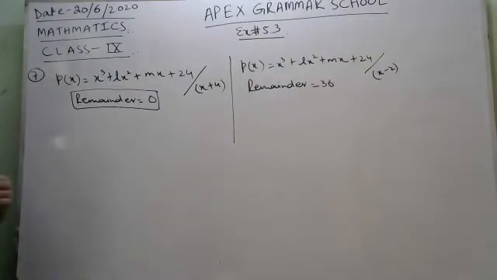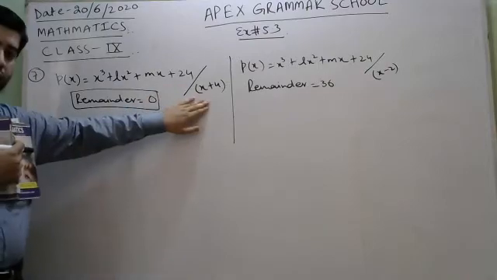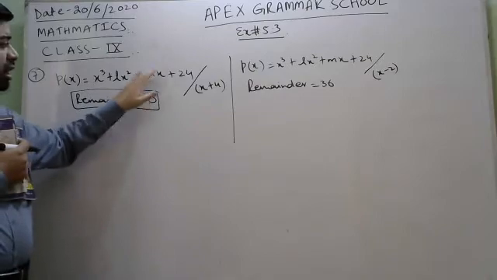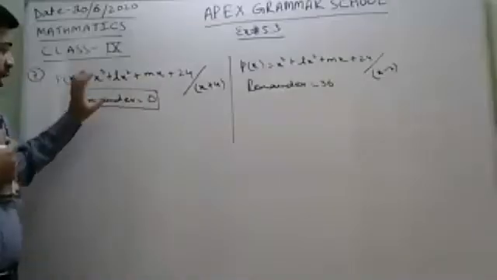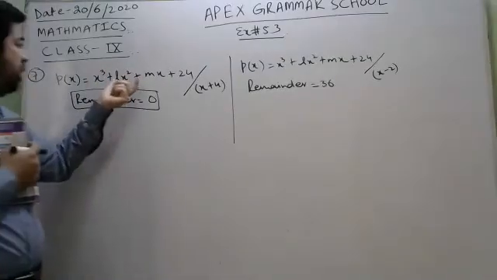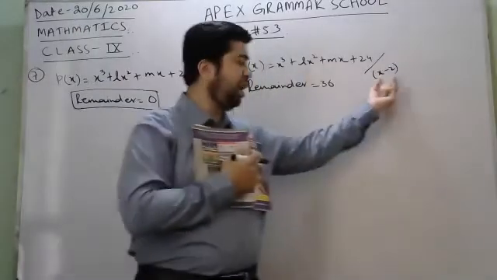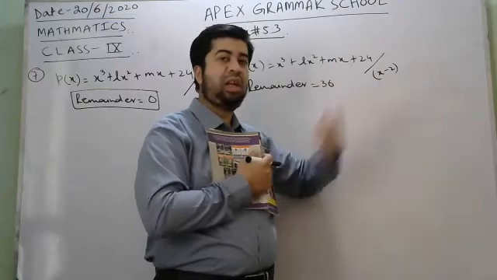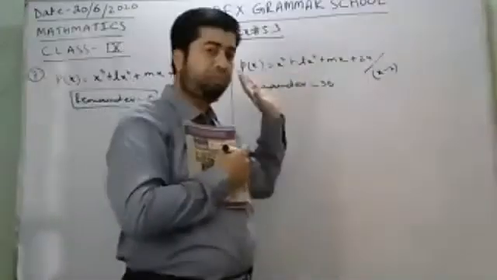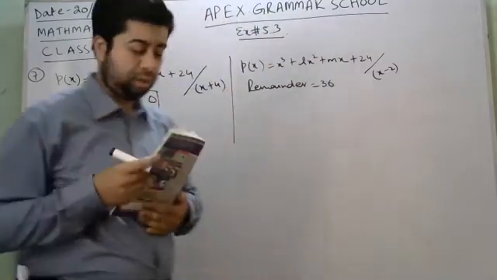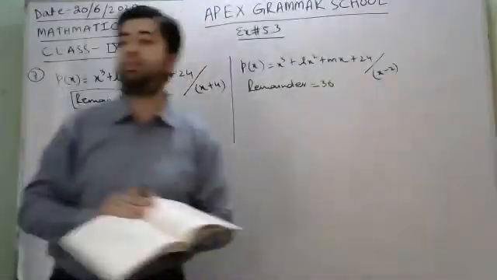He is telling us that x plus 4 is a factor, meaning x plus 4 will provide the remainder 0. But if we divide this polynomial by another linear expression, it will not be a factor, but it will give this remainder, that is 36. For this situation, find the values of L and M.